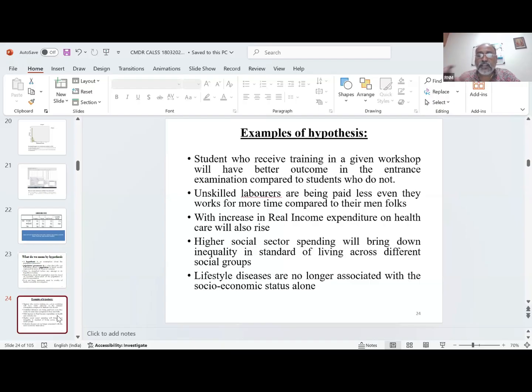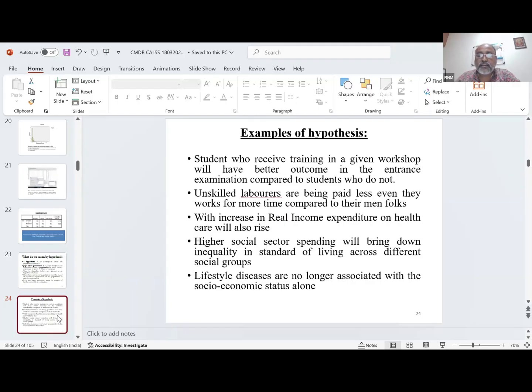You should not use very confusing words or terms which will have some other meanings also, but it has to be simple and straightforward. Like the first sentence you take: students who receive training in a given workshop like yours will have better outcome in the entrance exam compared to students who do not.